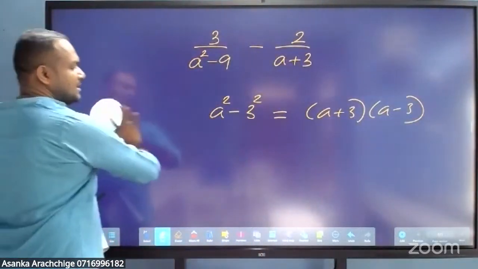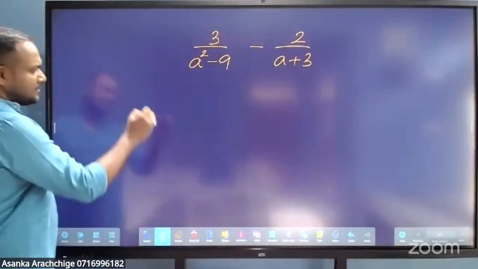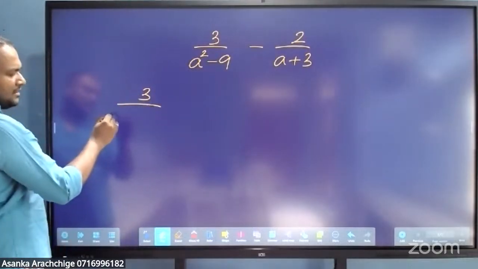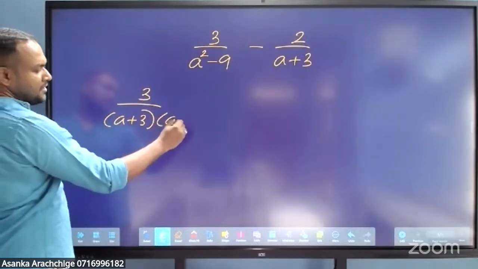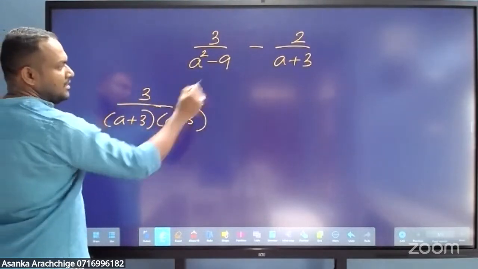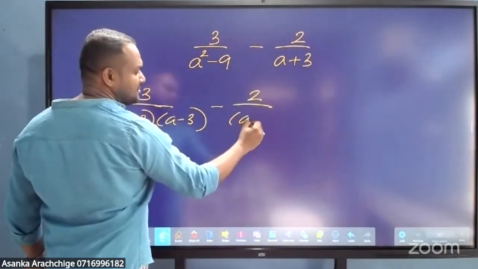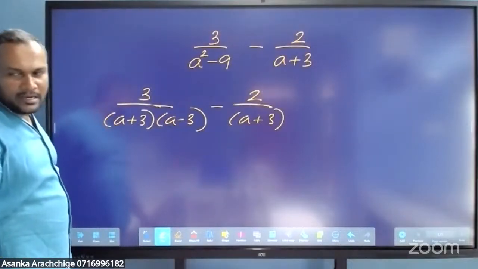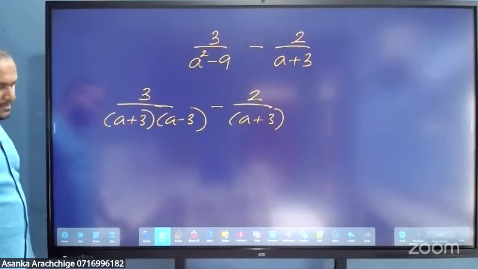Then I write the same expression like this. 3 upon a plus 3 times a minus 3, and then write 2 upon a plus 3. Now you can easily figure out the LCM. What is it? a plus 3, a minus 3.